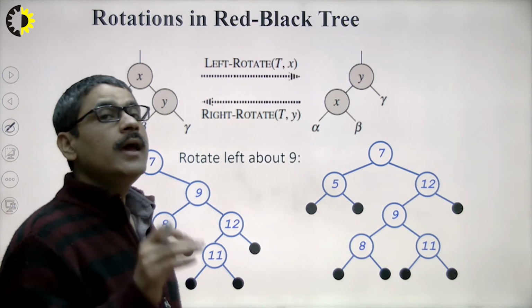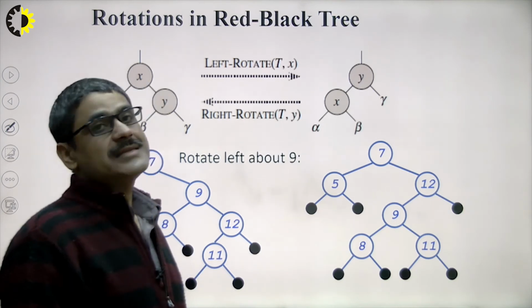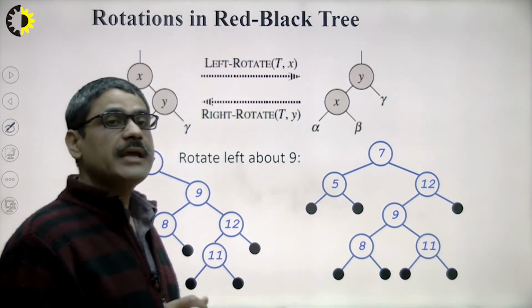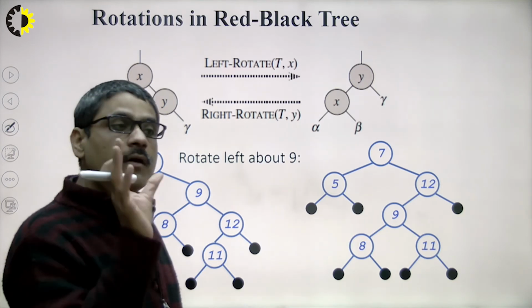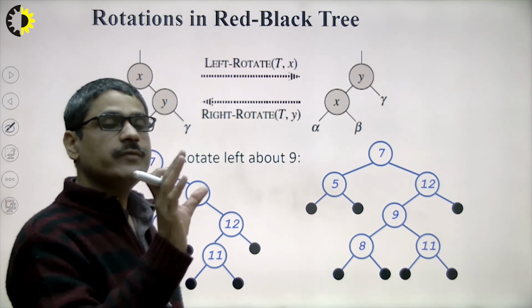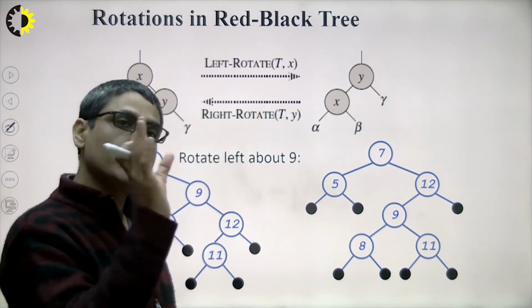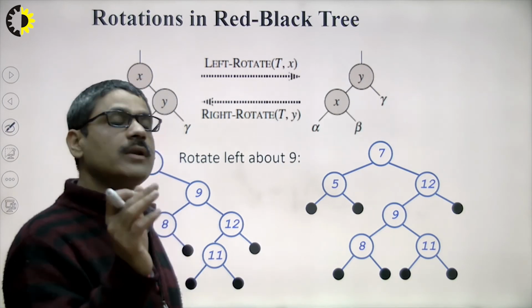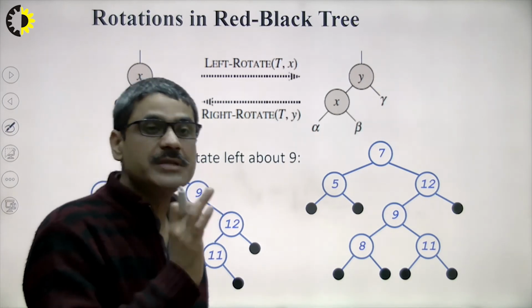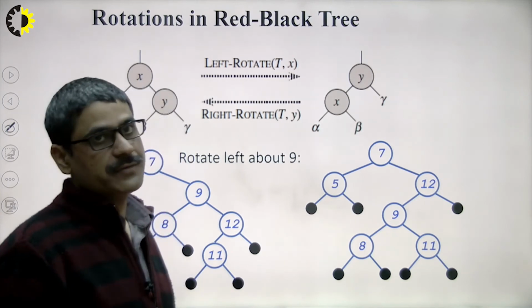One of the balancing operations is rotation. We rotate the red-black tree around a node. After the rotation, nothing changes in the color information, only the parent and child relationships change, and it is required for different operations.